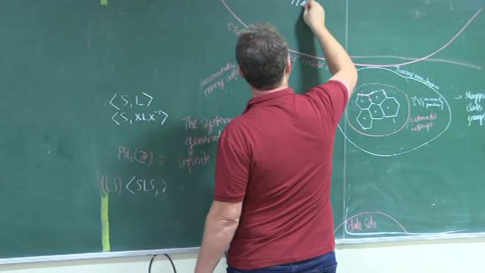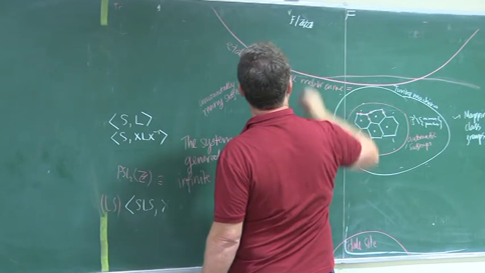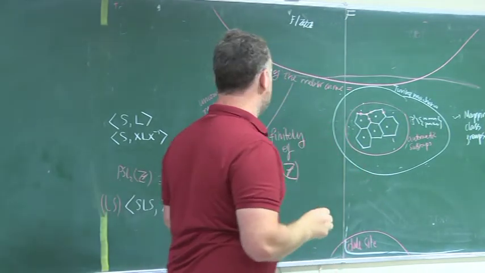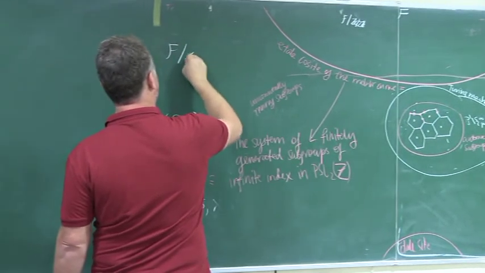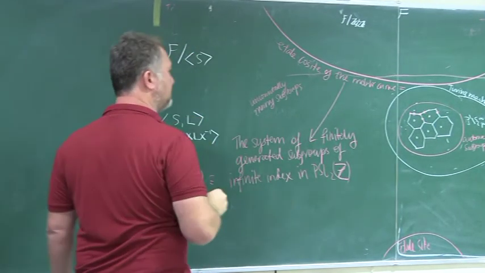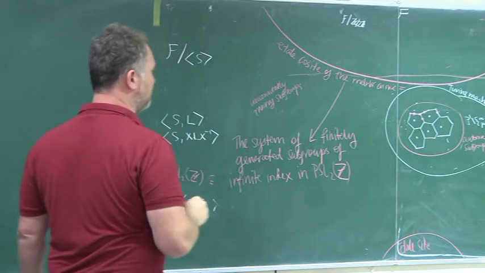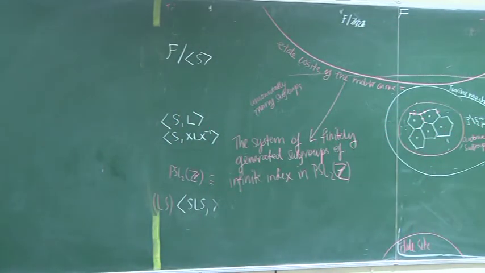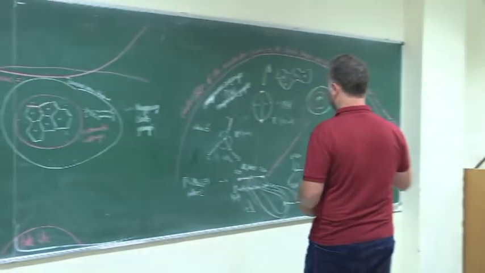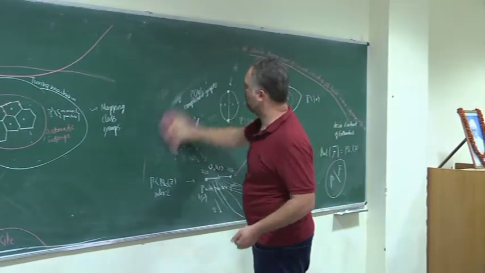It is, of course, Z over 2Z. So that is to say, for example, we divide F with the action of S. I think I can erase this part now.